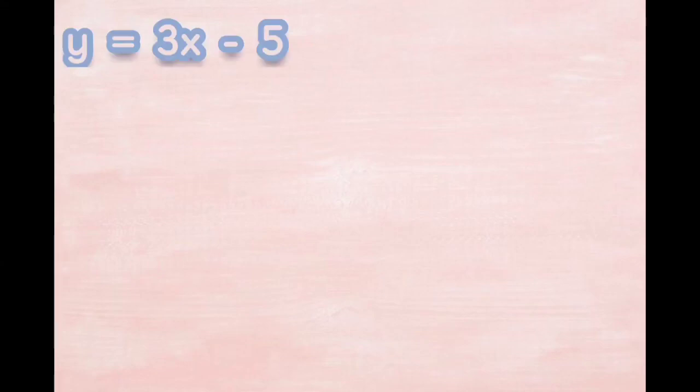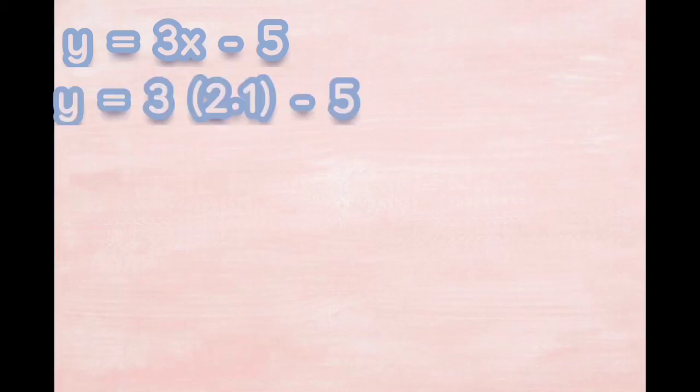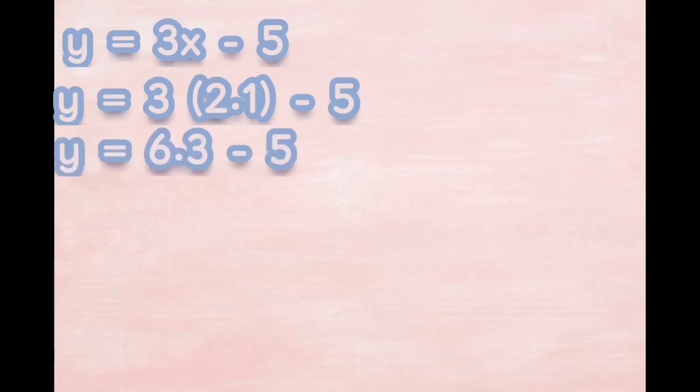We already have the value of x, so we just need to substitute. So it will be y equals 3 times 2.1 minus 5. Then multiply. 3 times 2.1 is 6.3 minus 5. 6.3 minus 5 equals 1.3.